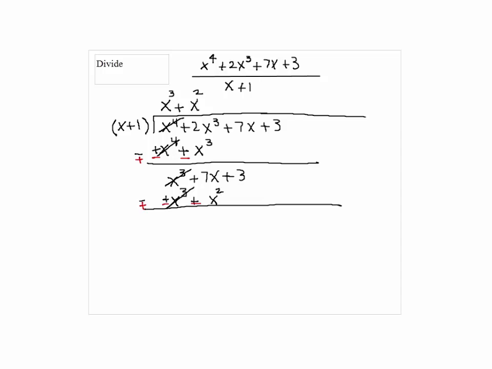And here we have to subtract. We change the sign to addition and change the sign of each term to its opposite sign.